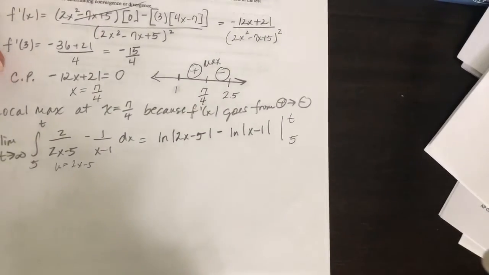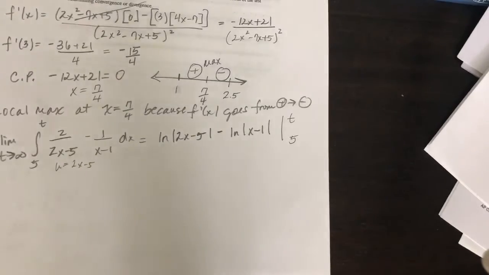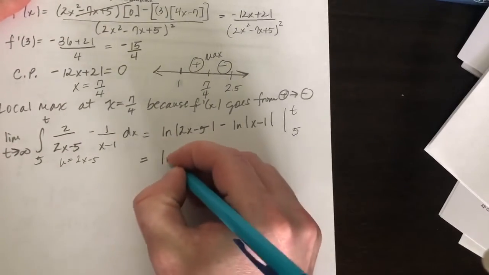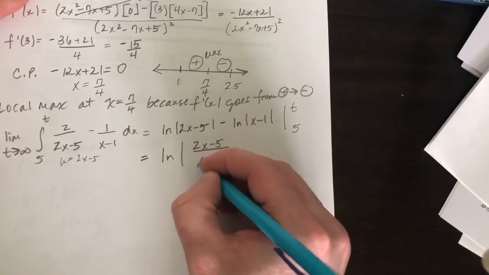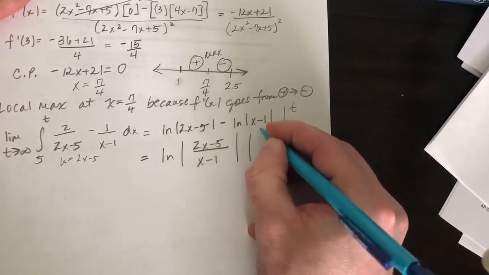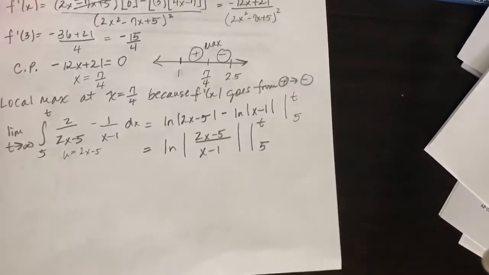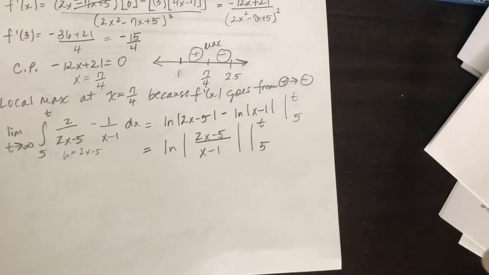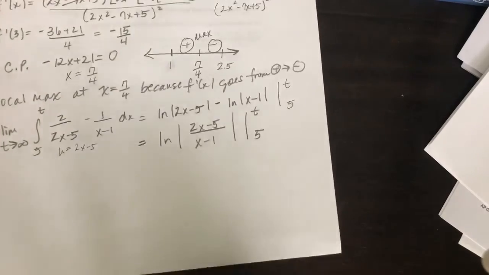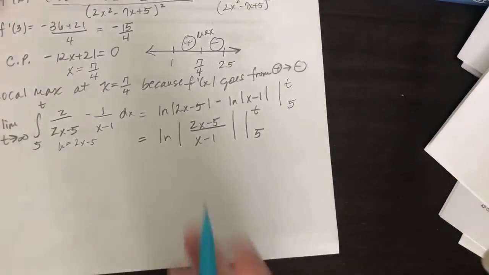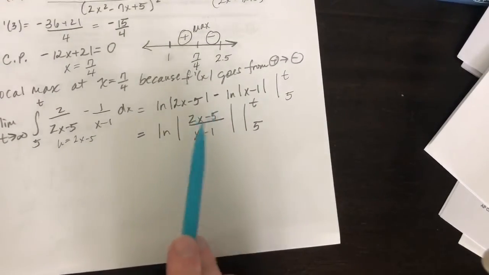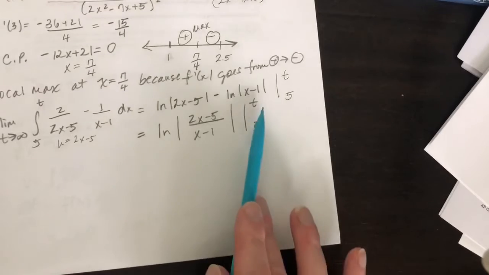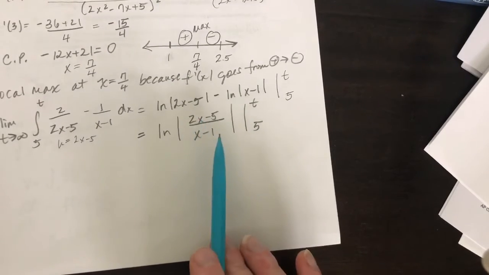Now, since there's subtraction with natural logs, I'm going to combine them by division. Now, when we do natural logs at infinity, we're doing our limit as t goes to infinity, so your top heavy, bottom heavy rules apply.